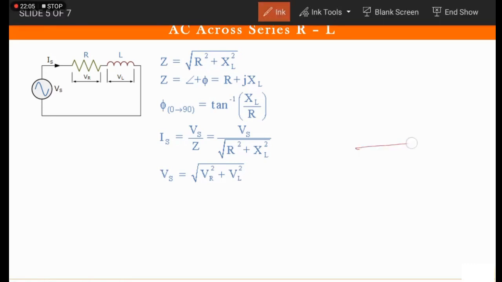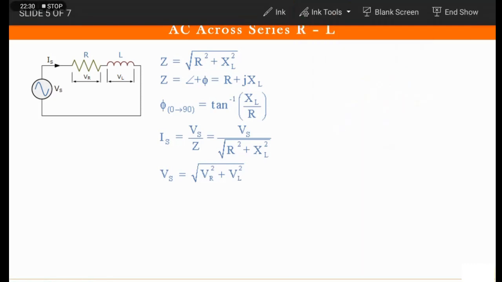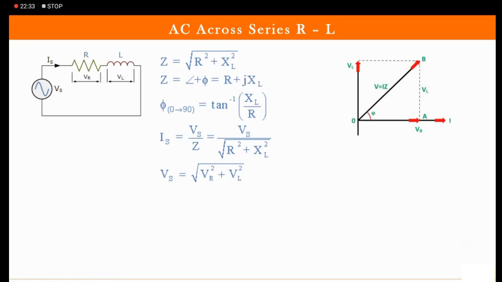Again, this is going to be VR and this is going to be VL. So this is my resultant, which is the square root of VR square plus VL square. So this is the total voltage. This is the phasor diagram. I've already told you.